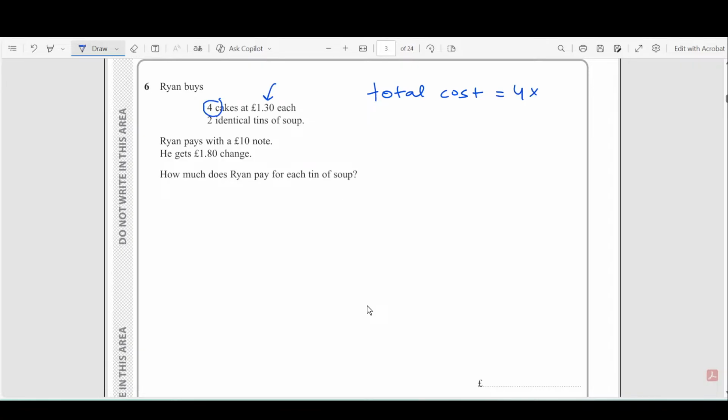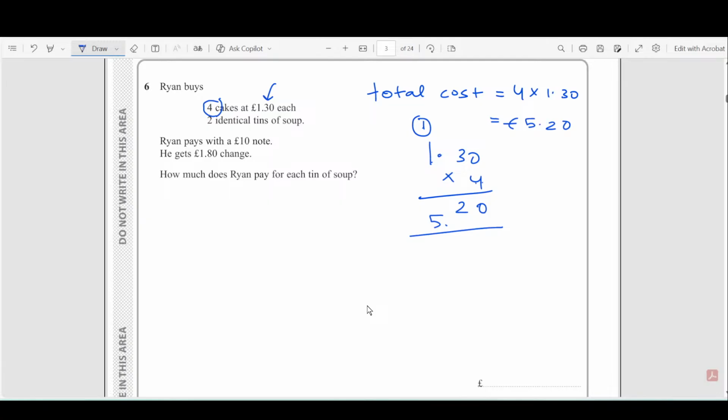So we do 4 times 1.30. 4 times 0 is 0, 4 times 3 is 12, 1 is carried over, 4 times 1 is 4, plus 1, 5. We got 5.20 euros, right?